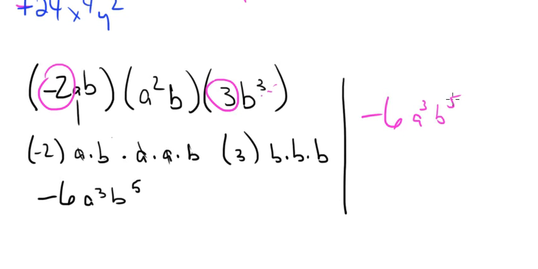B to the fifth. It's 3 b's. It has a value of 3 b's. Just 2 a's. It's a times a. Are we okay with that, guys? No? Who said no? Anybody say no? Okay. Just wanted to make sure.